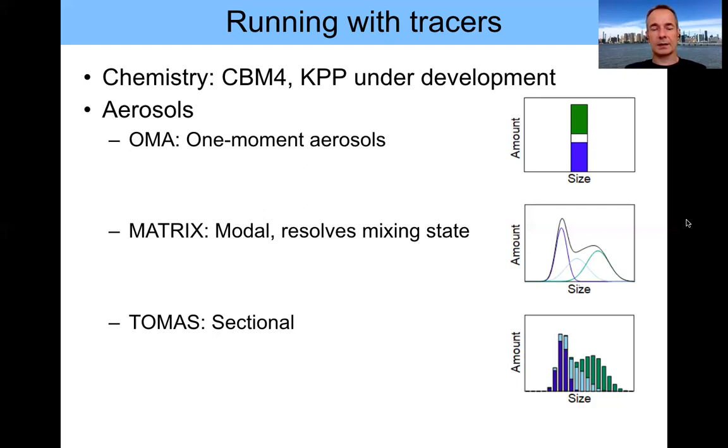It is a model scheme that resolves the aerosol mixing state and also the aerosol size distribution. So sizes do change. It is much more expensive than the OMA scheme. And then we also have Thomas, which is a sectional model, but I'm not going to discuss that too much. We have not used it a lot, and it is an abandoned configuration for Planet 2.0. So probably nobody will ever use that. So let's go to the next one.